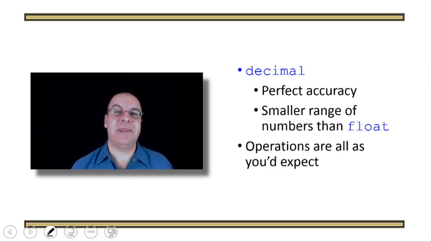And remember, this is not tricking n equals 2 to the b. This is not magic in any way. All we're doing is reducing the range of the numbers we can represent so that we can represent with perfect precision all those numbers.